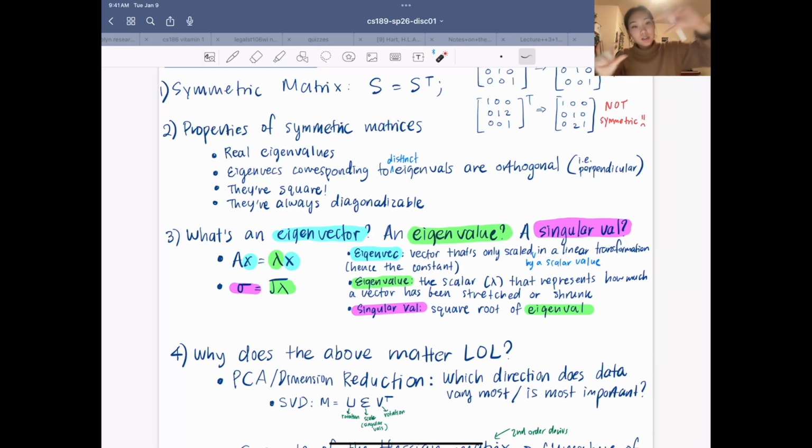But yeah, it maintains its direction. So that's an eigenvector. What is an eigenvalue? Well, an eigenvalue is just this lambda here. It's the scalar lambda that represents how much an eigenvector has been stretched or shrunk. And lastly, what is a singular value? A singular value is basically just the square root of an eigenvalue.